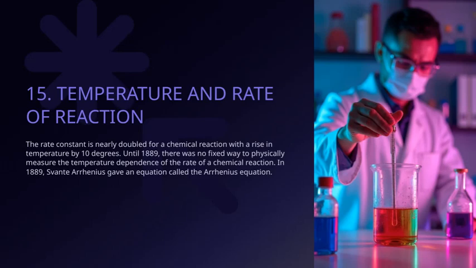So, what we see here is that the rate constant for a chemical reaction nearly doubles when the temperature increases by just 10 degrees. This highlights how sensitive reaction rates are to temperature changes. Now, before 1889, scientists didn't have a precise way to measure how temperature affects reaction rates physically. It was quite a challenge to quantify this relationship.